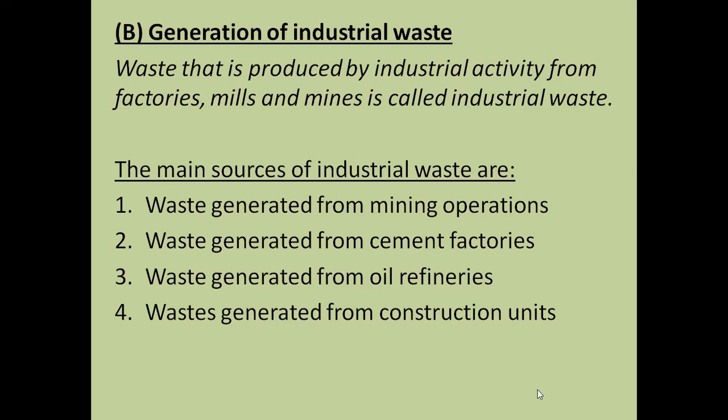And this oil spill is not good. Even if the oil gets spilled on land, it causes fire, it can pollute the groundwater and it can pollute the air also. So the waste products from the oil refineries are also harmful in nature.